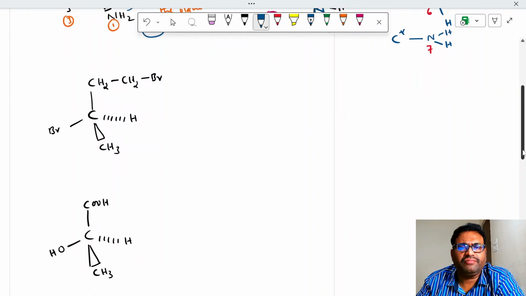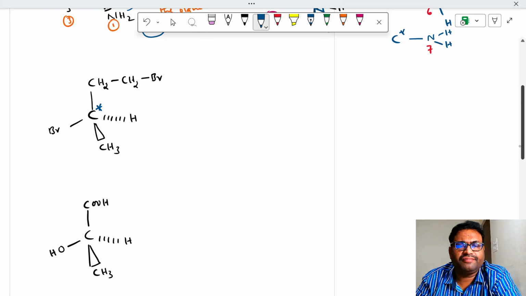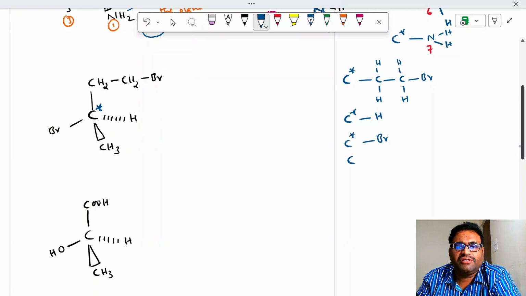Next one. Now coming to this. Is the central carbon atom chiral or not? Yes, it is chiral because it is attached to 4 different groups. Now let us see here. C star, that is chiral, is attached to the first group, CH2Br. The second, C star is attached to hydrogen. C star is attached to bromine. C star is attached to CH3.